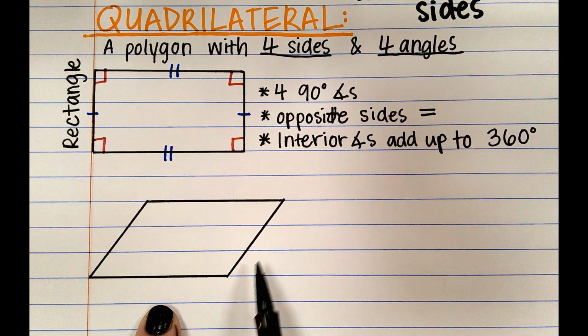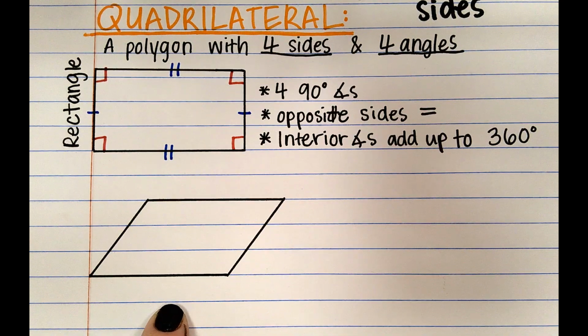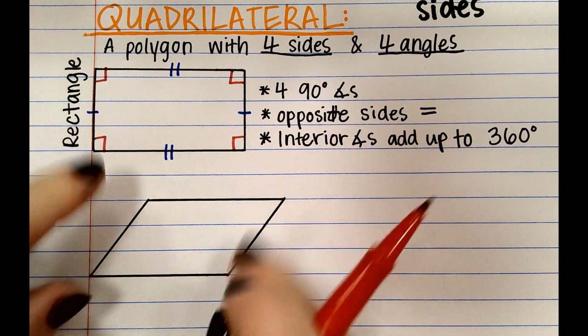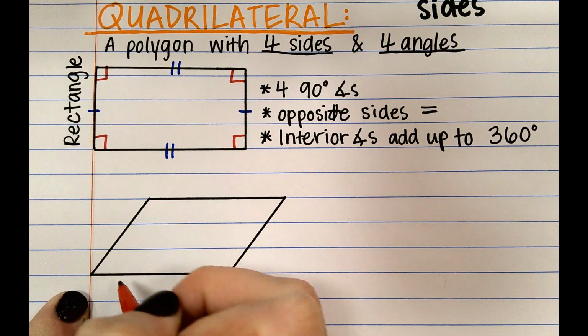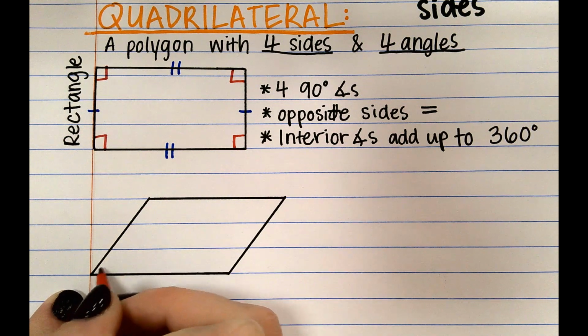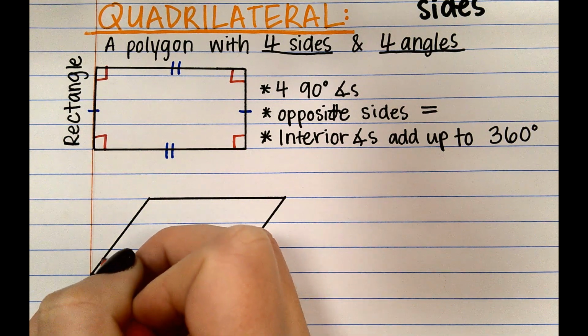Now, a parallelogram clearly does not have 4 90-degree angles. This is a little bit different. But what it does have is opposite angles that are equal to each other. So we can mark that by drawing arcs. I'm going to start with my smaller angle right here and give it 1 arc.